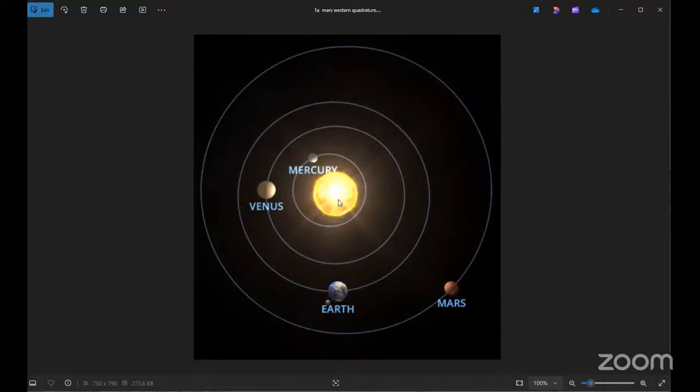We talked about greatest western elongation with the planets that are further away from the sun than the Earth, as we talk about quadrature. So western quadrature is this 90-degree relationship, Sun, Earth, Mars, that the Earth comes into after we had solar conjunction in the previous slide.